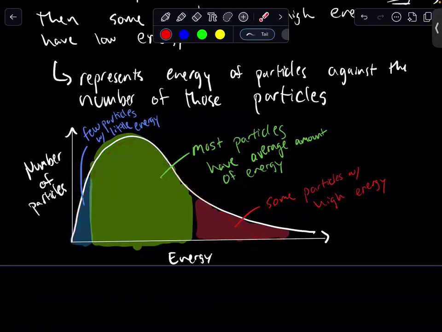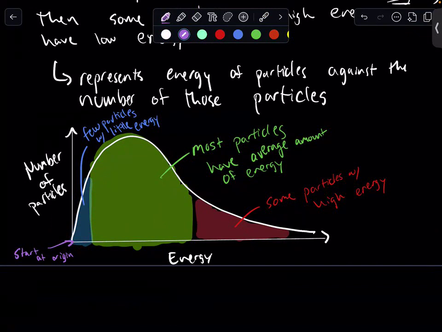A couple of distinctive features of a Maxwell-Boltzmann curve is they always start at the origin. So a big note here is that we start at the origin, always. That's because particles aren't going to have necessarily zero energy overall.